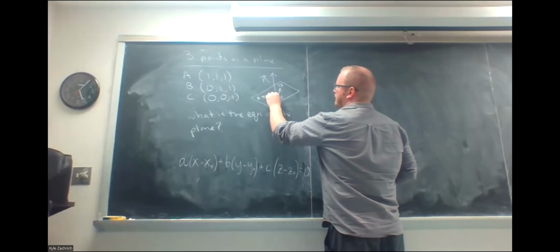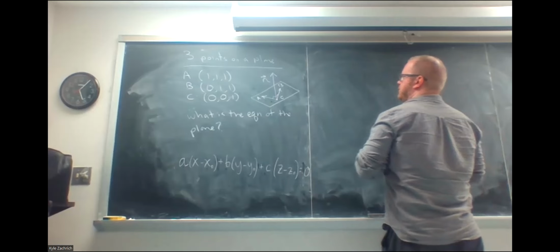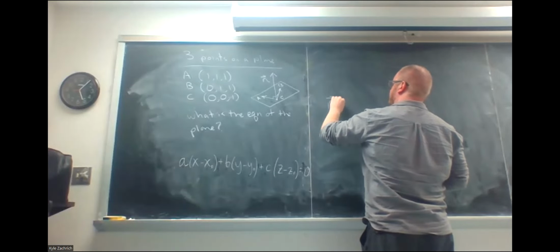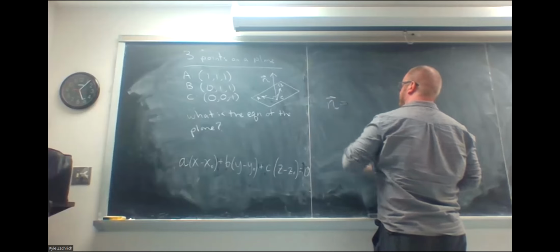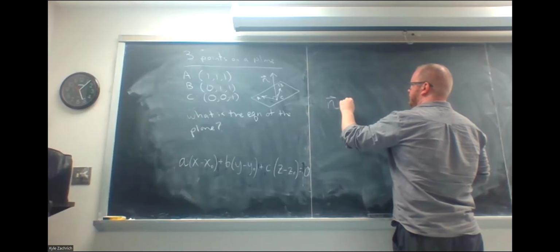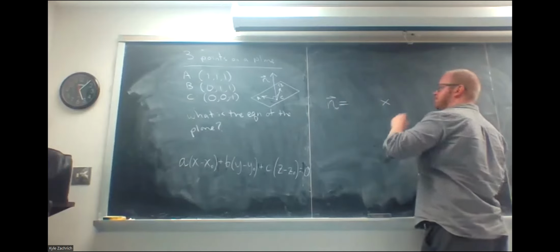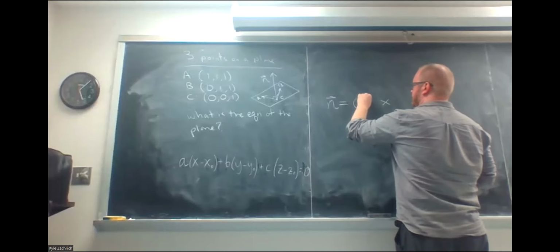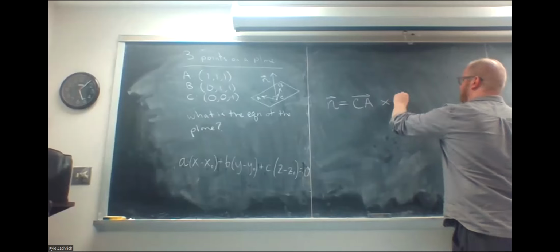Because of this relationship, where both of these are right angles, we can use the fact that the normal vector is going to be equal to the cross product of the vectors that we just created, CA and CB.